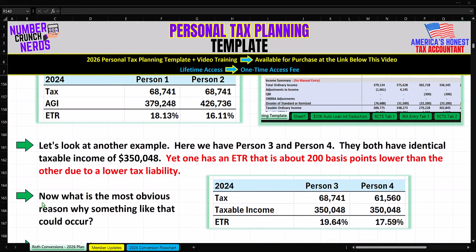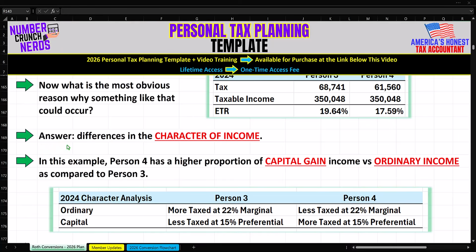Okay, now again, based only on the information provided, what is the most obvious reason why something like this might occur? And the answer is differences in the character of income. In this particular example, person 4 has a higher proportion of capital gain income versus ordinary income as compared to person 3.